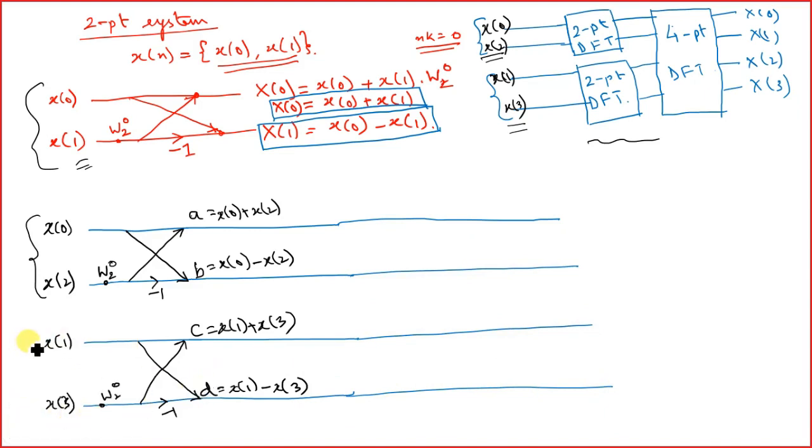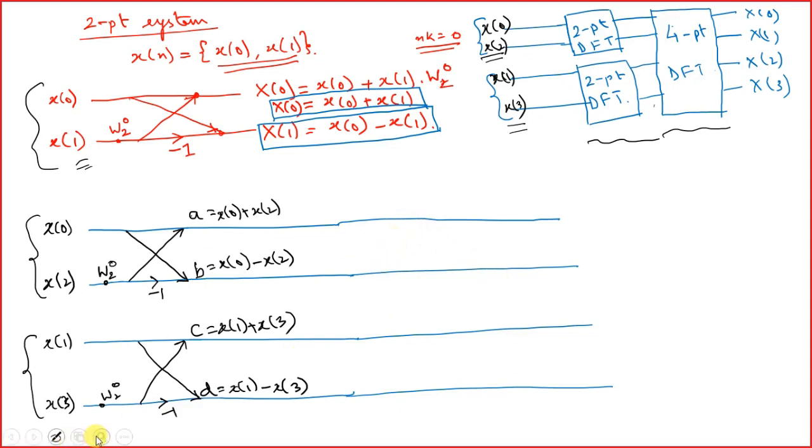Now the thing is that we have performed two 2-point DFTs. Now we have to perform a 4-point DFT. In the 4-point DFT we will be needing 4 inputs. While performing the 4-point DFT, I have to see in the previous stage how we have broken down.